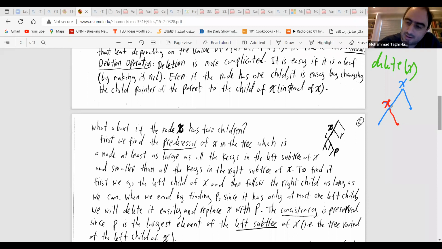So X is here. Good. So if X is here, then what will happen? And this is the tree. So the issue is that in this case, what can I do? How can I delete X? Any ideas?